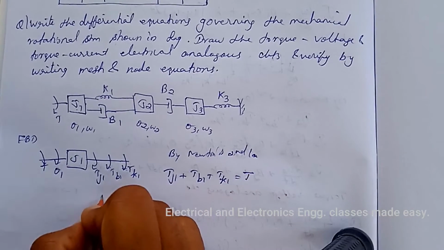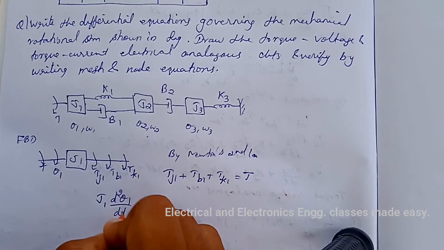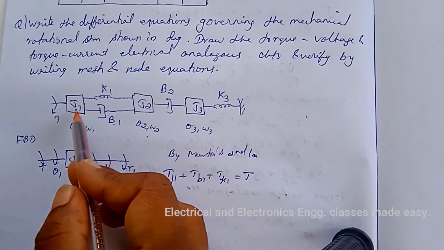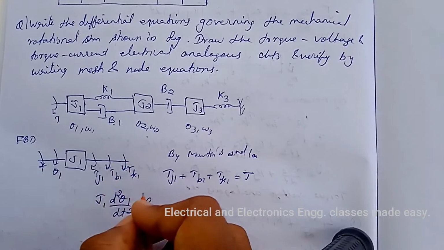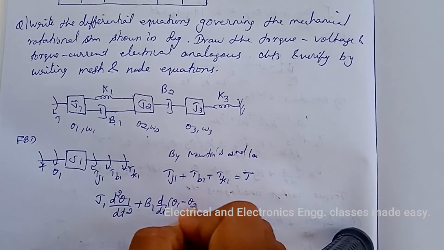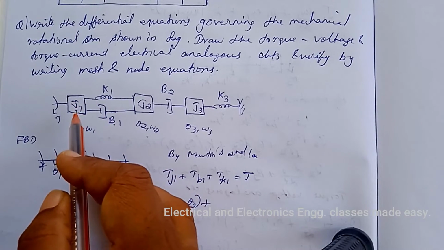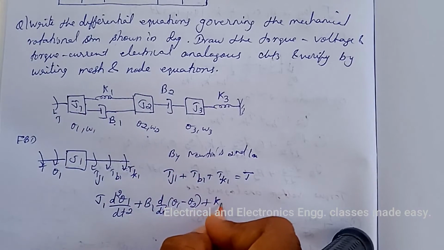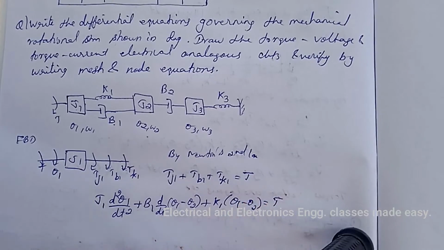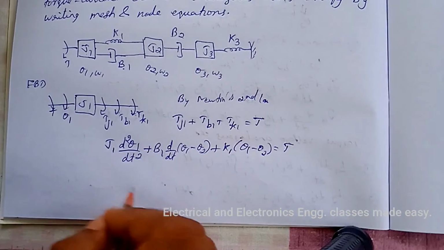T J1 is J1 into d square theta 1 by dt square plus B1 into, this B1 is in contact with both J1 and J2, so we can write d by dt of theta 1 minus theta 2, then plus this K1 is also in contact with both J1 and J2, so K1 into theta 1 minus theta 2 equal to T. And d square theta by dt square is d omega by dt.